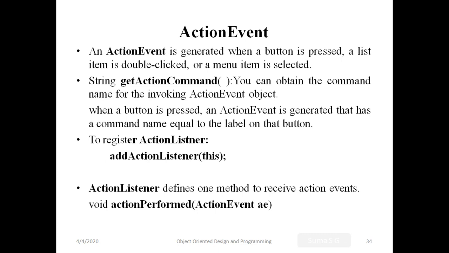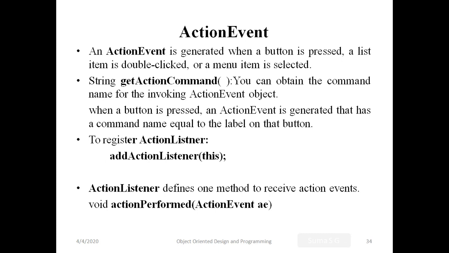It returns the string associated with that component, whereas getSource returns the object that is the source of the event. So with getActionCommand, you will know which object was clicked.